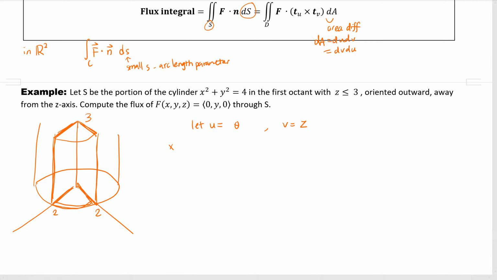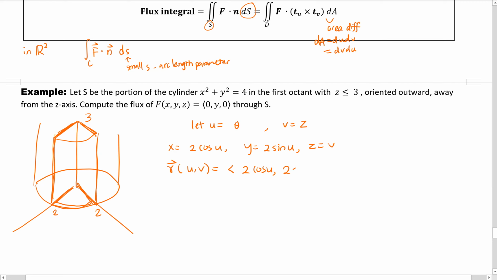Then x is r cosine u, where r is 2, y is r sine u, and z is v. So our parameterization r(u,v) equals (2 cosine u, 2 sine u, v).